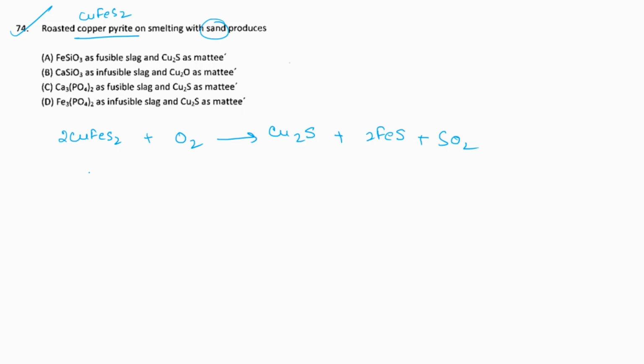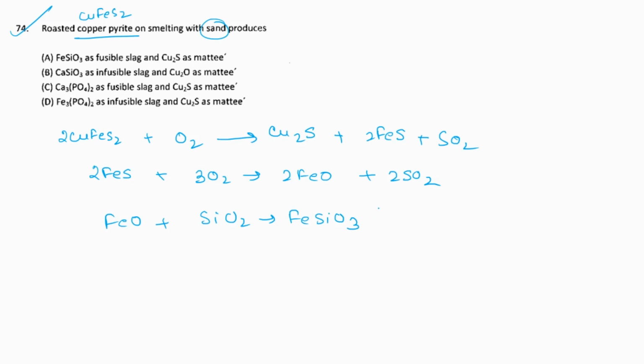Oxygen is in high amount, so it is 2FeS plus 3O2 gives me 2FeO plus 2SO2. Now FeO plus SiO2 gives me FeSiO3. Okay, so the sand part is this one.